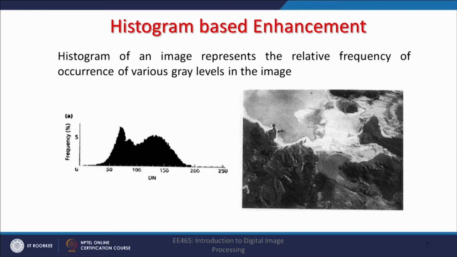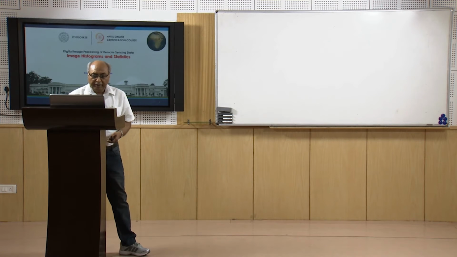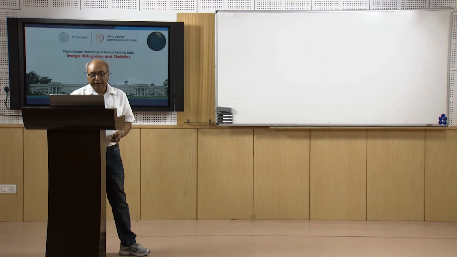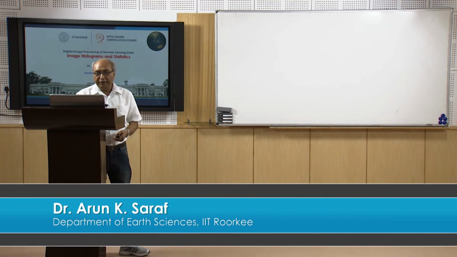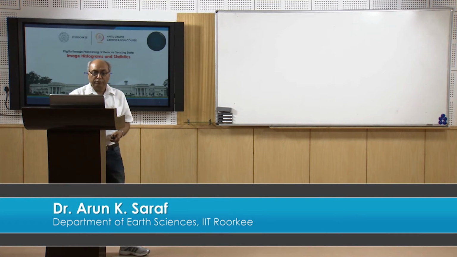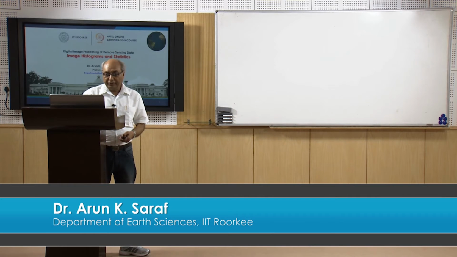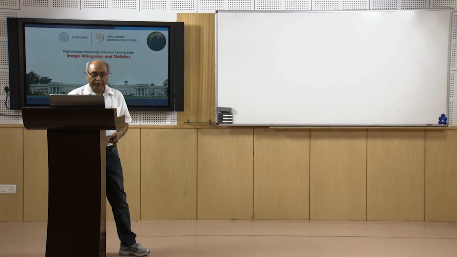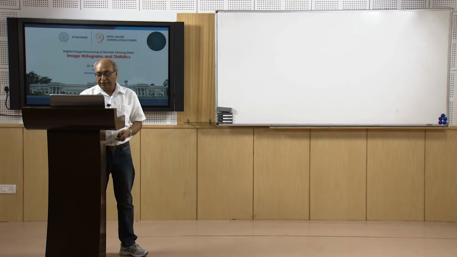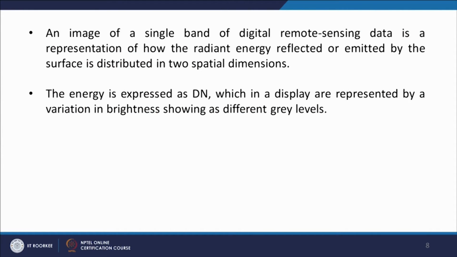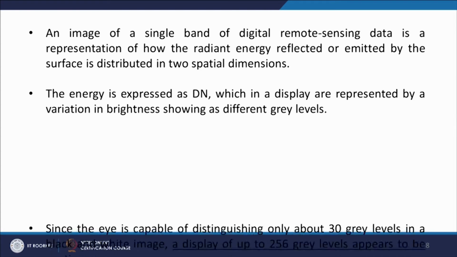An image in a single band of digital remote sensing data is a representation of how the radiant energy reflected or emitted by the surface is distributed in two spatial dimensions, and the energy is expressed as DN or digital number pixel values, which in a display are represented by variations in brightness showing as different gray levels.